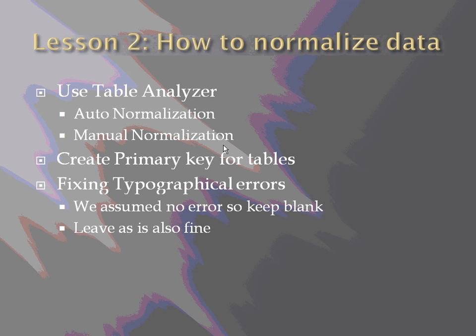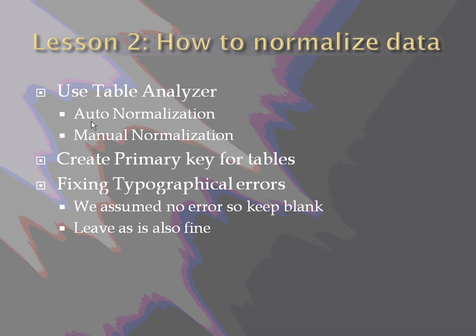I think there are some theories on normalization, like first normal form, second normal form, third normal form, or up to fifth normal form. We will not go deep on that, but we will show how Microsoft Access provides different tools to normalize data. So actually we have to use table analyzer to normalize the data.